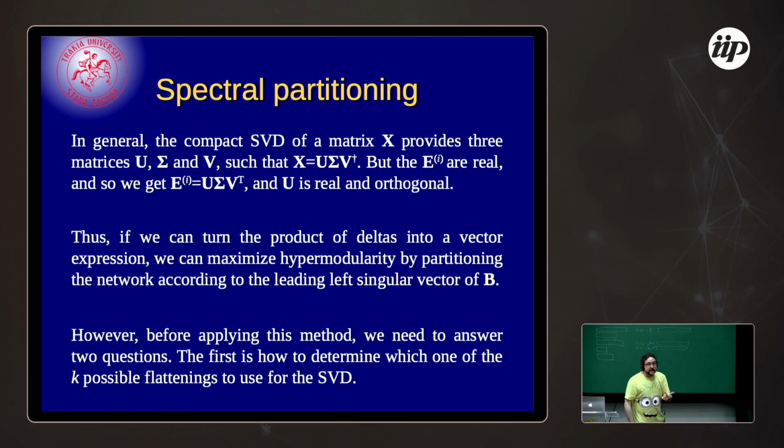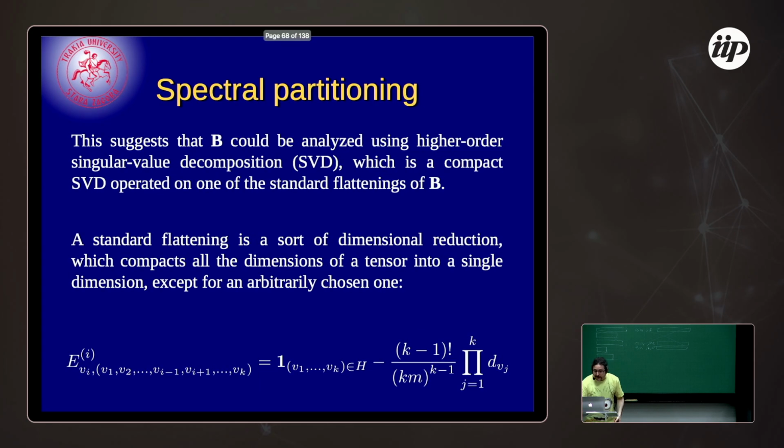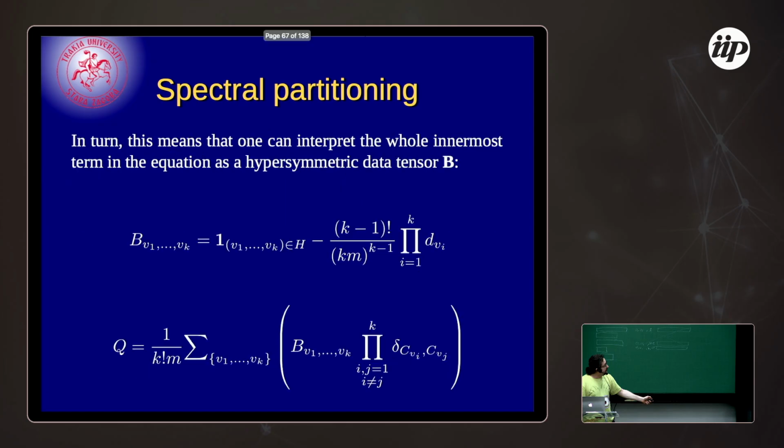But in our case, all the flattenings are real, which means that here what we're actually getting is U sigma V transpose, where U is a real orthogonal matrix. But a real orthogonal matrix of dimension n spans Rn, the space Rn. In turn, this means that if we go back over here, you see there is this product, sorry, not this product here, this product of deltas in this equation next to B.